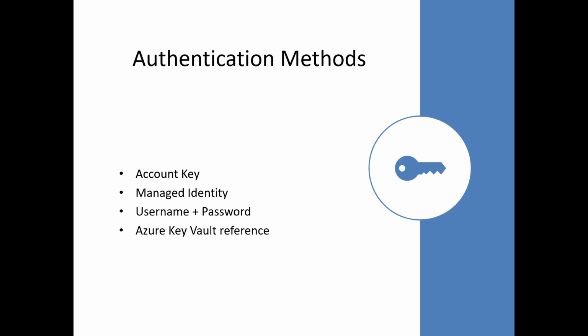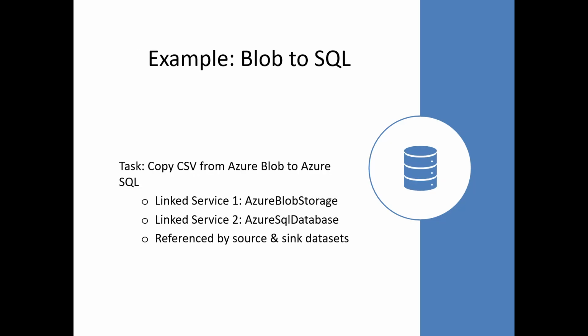So we have an example here, where our use case or our task is to copy CSV from Blob to SQL DB. You have your linked service one, Azure Blob Storage, which reads the CSV from Blob, and then you have your linked service two, which is Azure SQL Database, which writes to the SQL table.